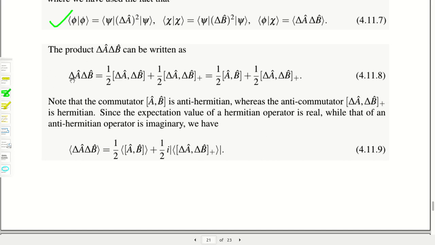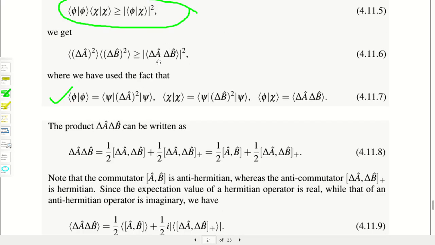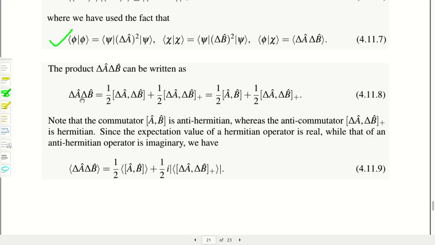I want to find the expectation value of delta A delta B, and I have got this. So the expectation of delta A delta B means half of the expectation of the commutator plus half of the expectation of the anti-commutator. Now the expectation of one is imaginary, and the expectation of the other is purely real.